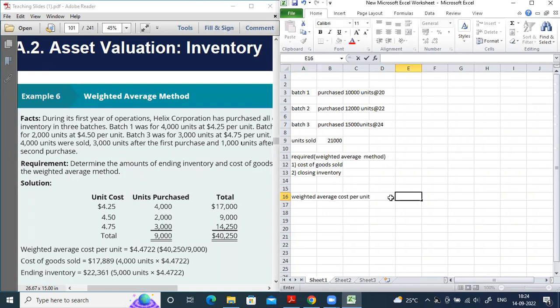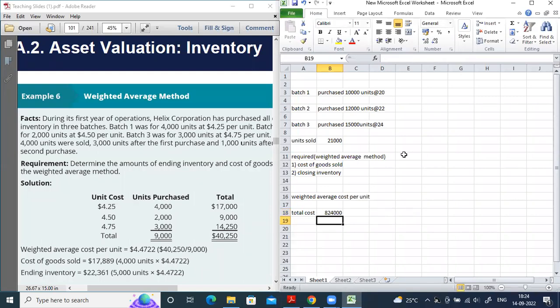Now for this weighted average cost per unit, what we need to do first is compute the total cost. So the total cost will be 10,000 into 20, plus 12,000 into 22, then the last one 15,000 into 24.